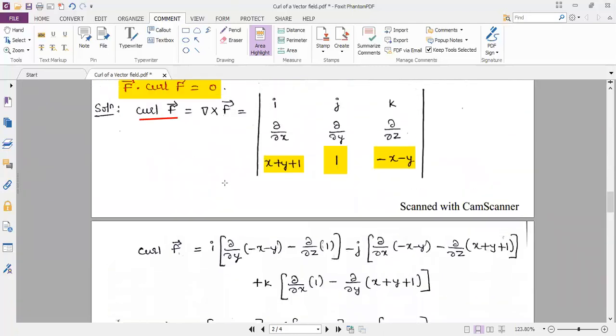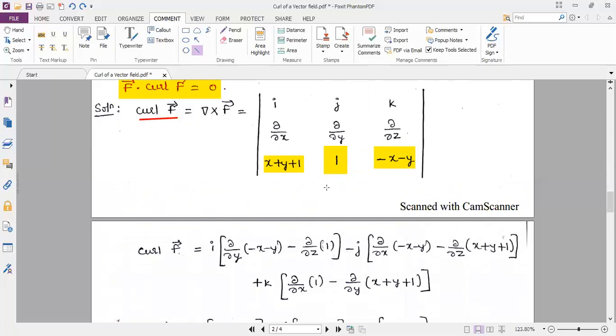So when we perform it, we get i into ∂/∂y of (−x − y) minus ∂/∂z of 1. This is for the ith component. Minus j cap. Whenever we expand a determinant, the middle term takes a minus.